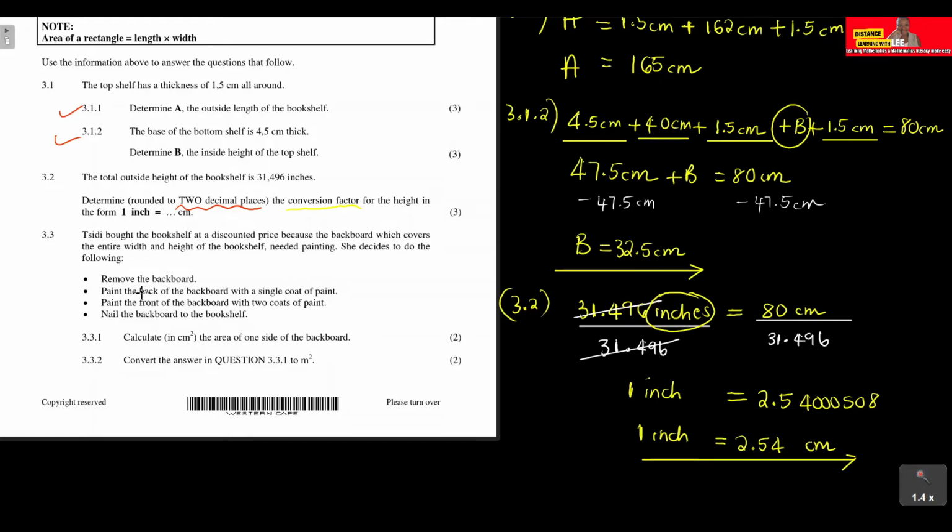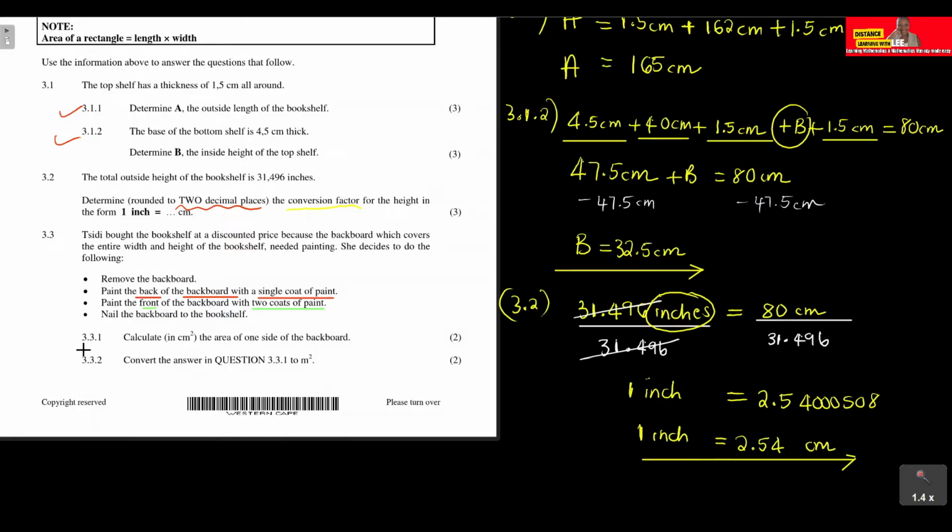They tell us that to paint the back side of the board, she just needs to paint it with a single coat of paint, right? And then to paint the front part of the board, she needs to paint it with two coats of paint, okay? So we need to take this information into consideration moving forward. Okay, they say nail the backboard to the bookshelf, and then obviously when you're done painting, you need to just put it back together.